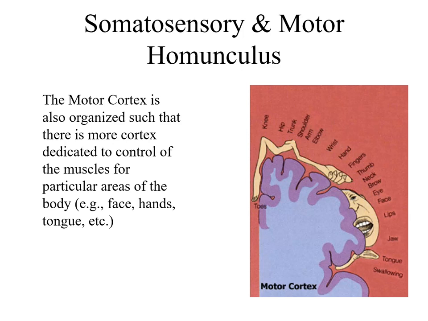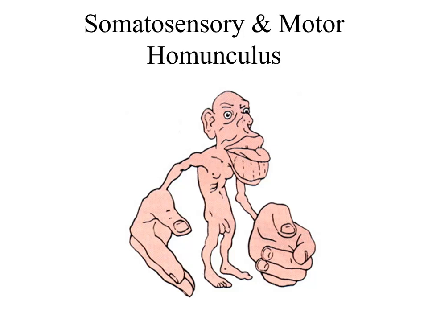If we take both of these, this motor cortex and the somatosensory cortex, and we put them together in order to create a being, this is what the being would look like. So you can see very large hands because we have great senses that come through our hands and great motor movement as well.